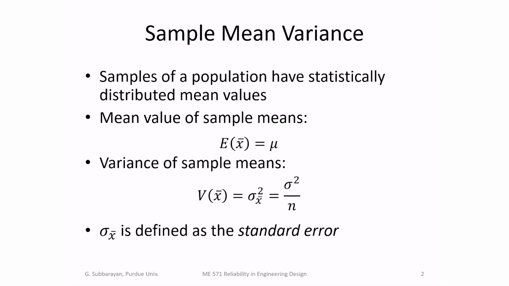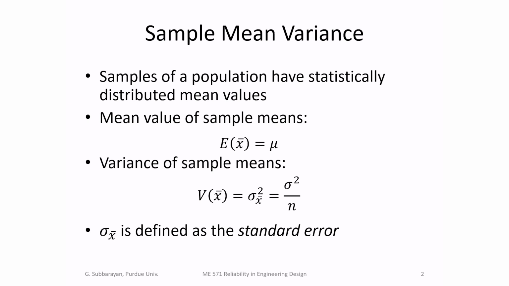Now you could take a more extreme sample, and you could take a sample size of only 10 items out of 1,000, 10 at a time out of 1,000, and you're going to see a lot more variability in terms of the mean of the sample because the sample size is not large enough.